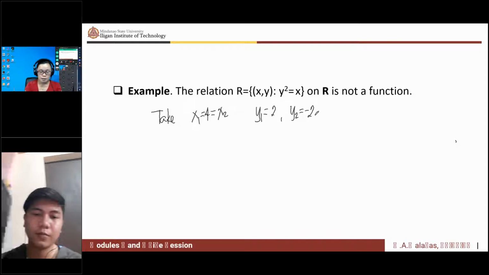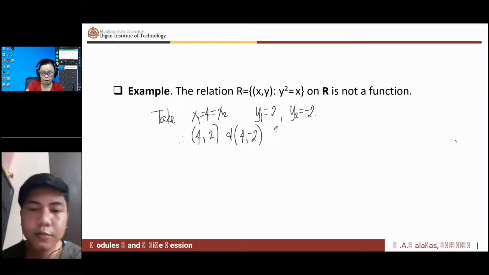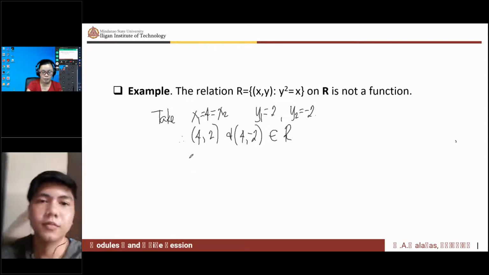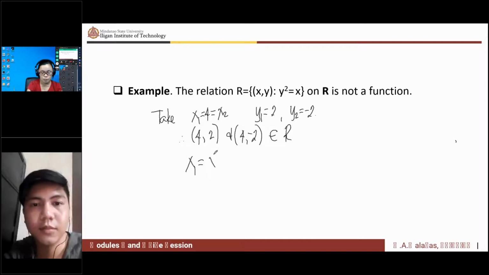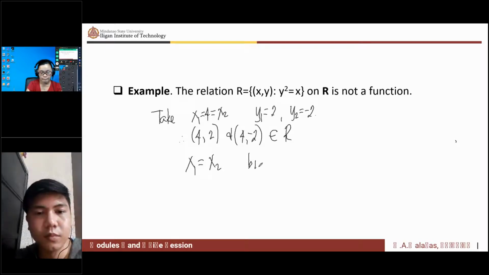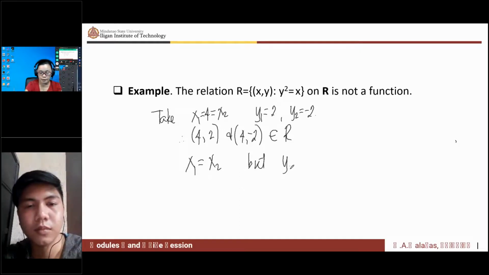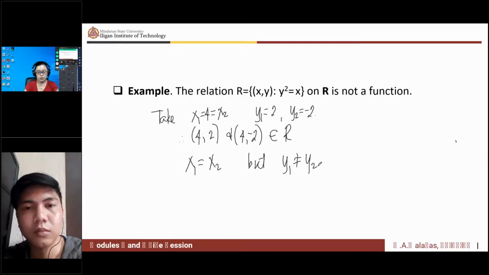So we have these points (4, 2) and (4, -2) in R. These two points are elements in R. But note that x1 equals x2, but y1 is not equal to y2, the images are not equal. So therefore, R is not a function.